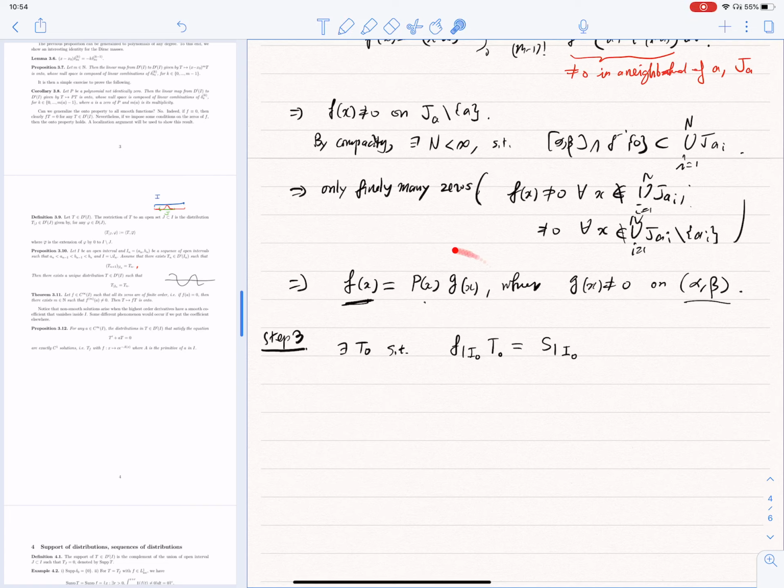Okay, this is due to this observation. So eventually we can write f as a polynomial times g, and we know how to solve that. So g never bothers us, right? This function never takes value 0 on intervals. This will not bother us, and this we know how to handle.